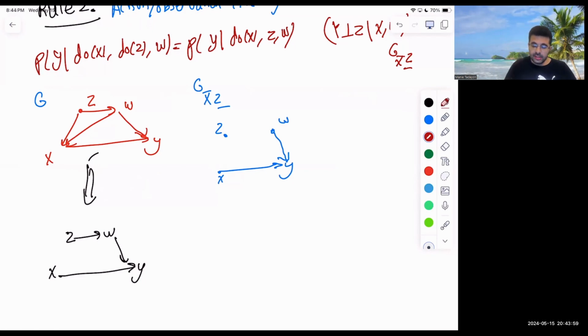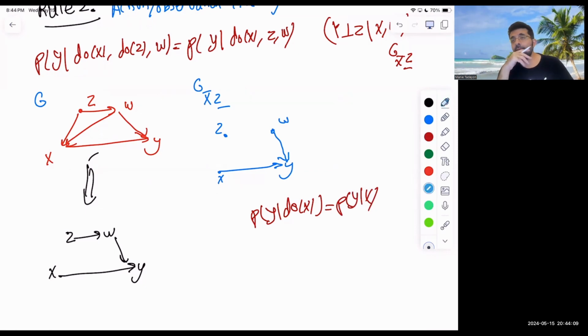Guys, one thing that matters here: under what condition is this equal to this? When we have a randomized controlled trial, right? Correlation and causation are the same when we have no confounder. I'm trying to give you the highest level of intuition. That's how you should think about this.